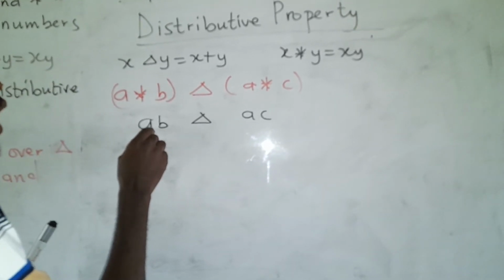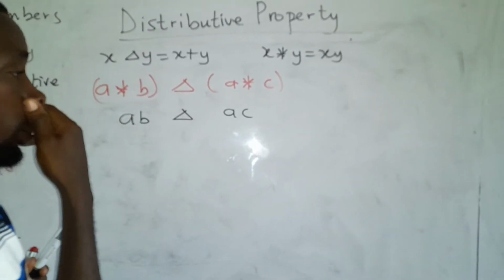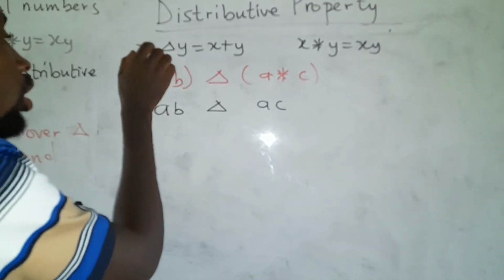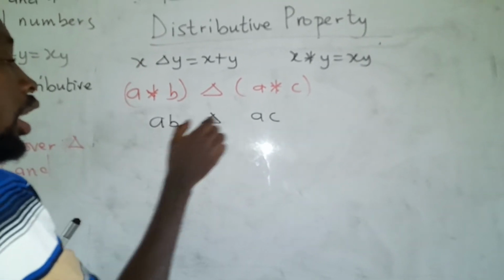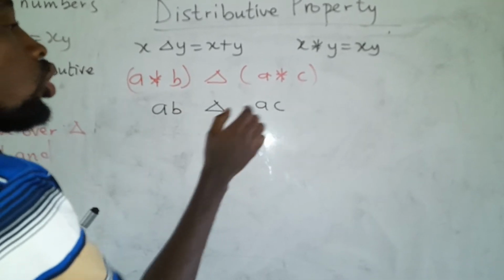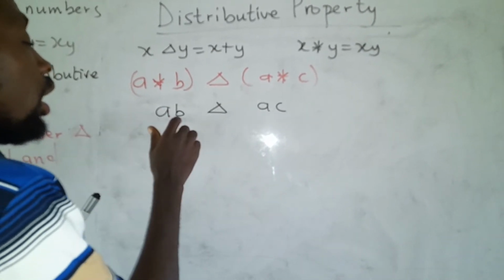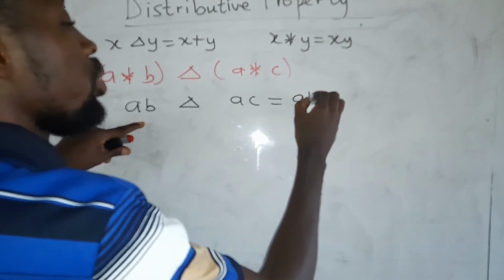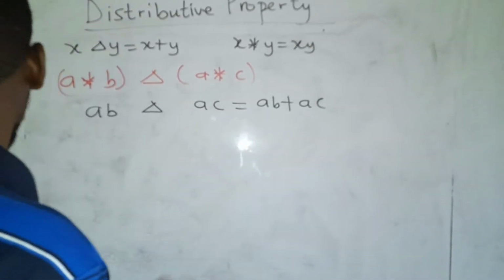Now I want to find AB delta AC. Any place we see X in delta, we substitute AB, and any place we see Y, we substitute AC. Then AB delta AC will be equal to AB plus AC.